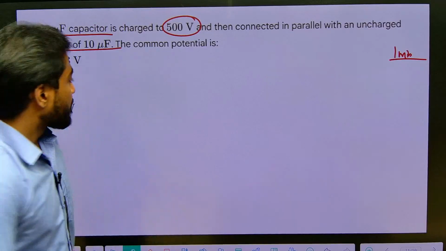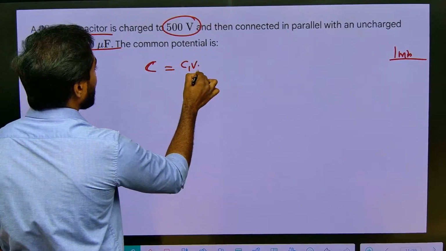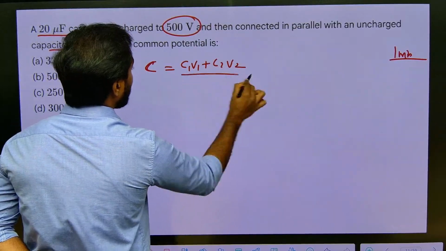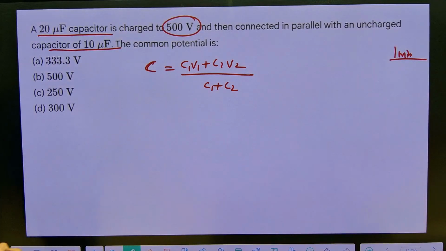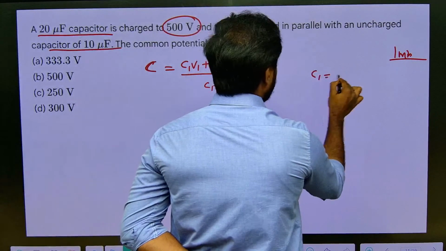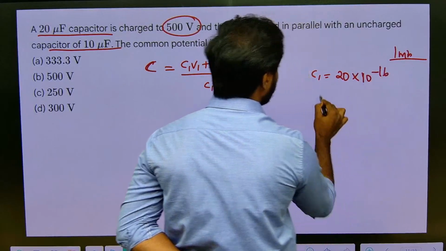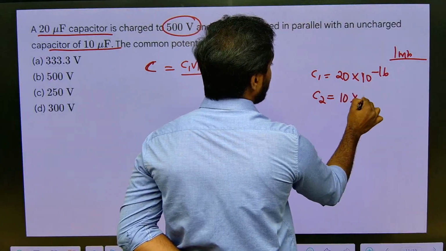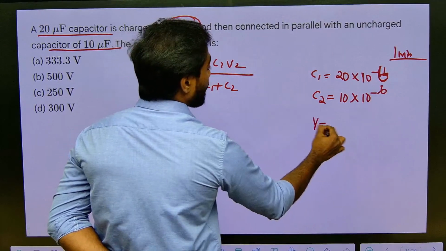Okay. So see, the common potential will be equal to C1 V1 plus C2 V2 by C1 plus C2. Right. So here C1 is given as 20 microfarad, it is 20 into 10 power minus 6. C2 is nothing but 10 into 10 power minus 6. And V1 is equal to 500.